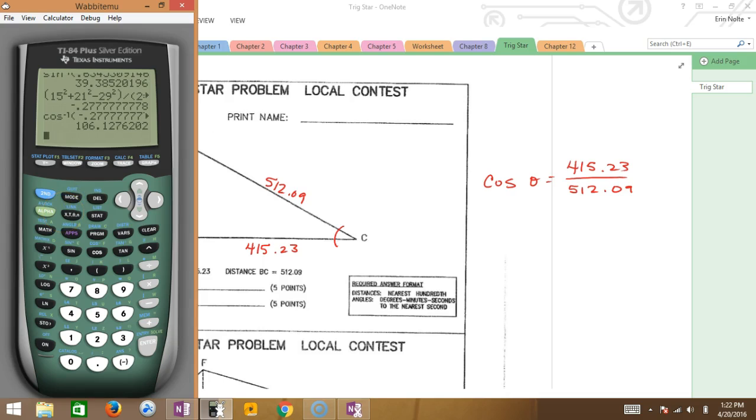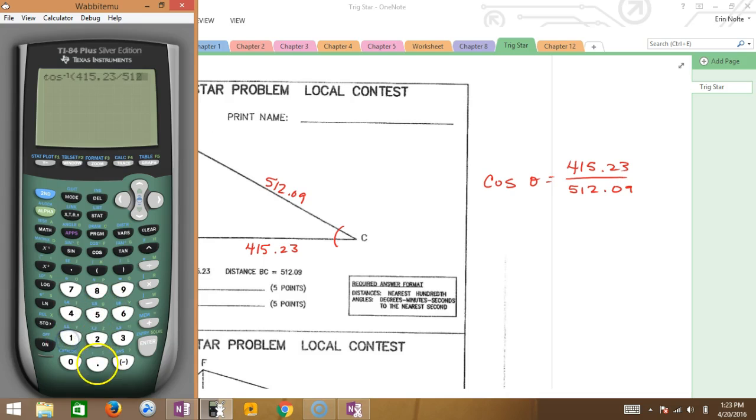To solve for this angle, I'm going to simply do the inverse cosine of 415 over the 512. This should be very easy, nothing fancy here.